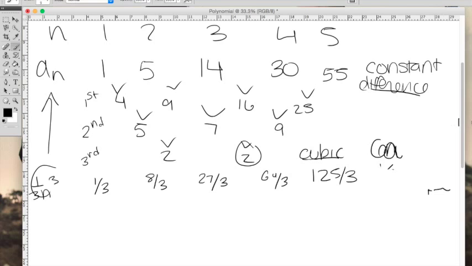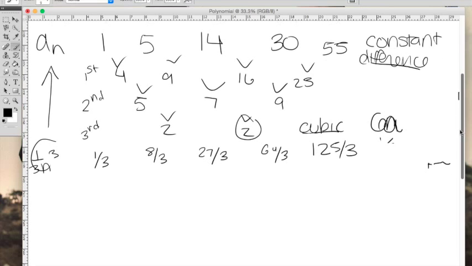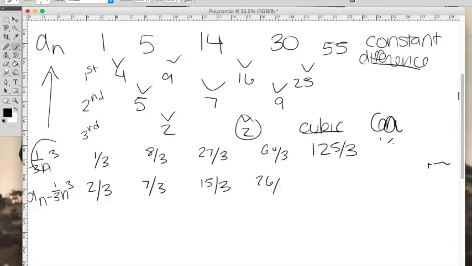And then I subtract this from the original sequence. So a sub n minus 1/3 n cubed: you get 2/3, that's 7/3, 15/3, and then 26/3 and 40/3.